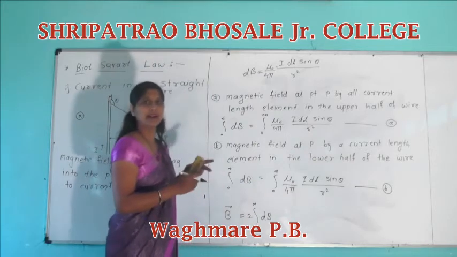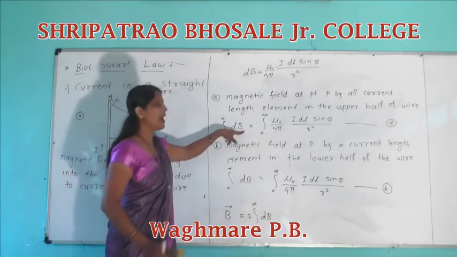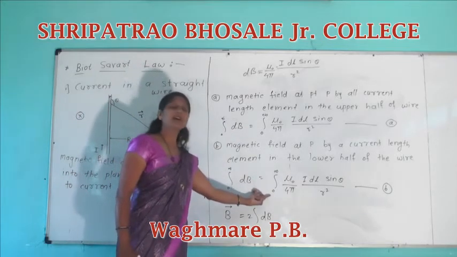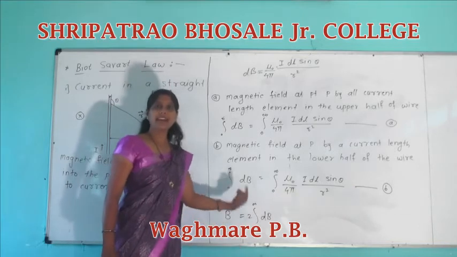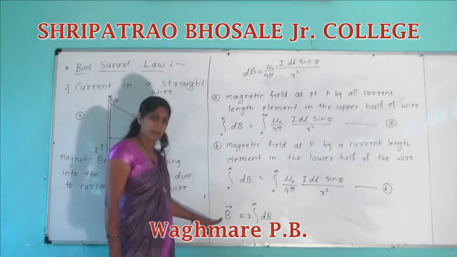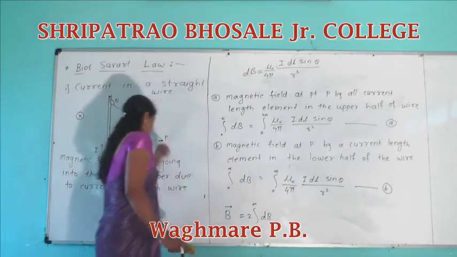We take two parts of the wire, upper and lower. This is the magnetic field for the upper part, this is for the lower part, and therefore the total magnetic field B is equal to the integration of dB.